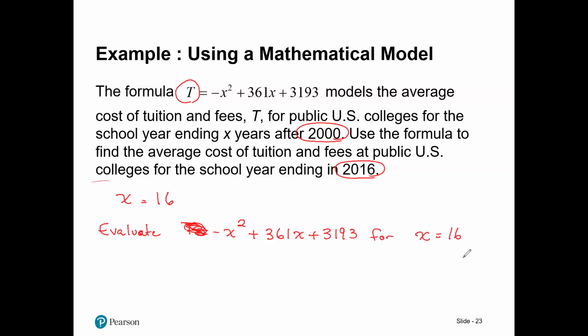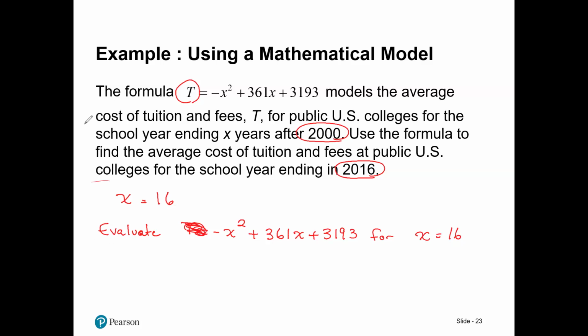That is what we're being asked when we're given a formula and we're asked to find something. So we want to find the average cost of tuition T after 16 years, or 16 years from 2000, so in 2016.